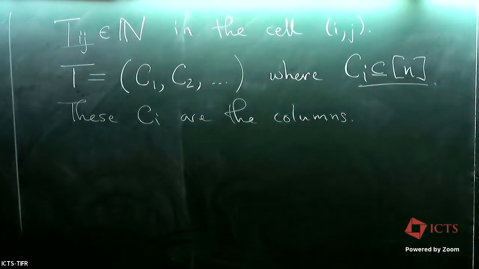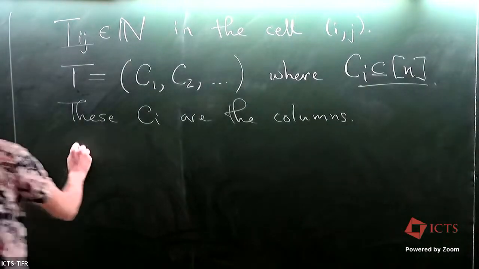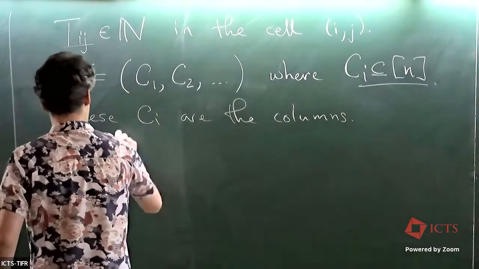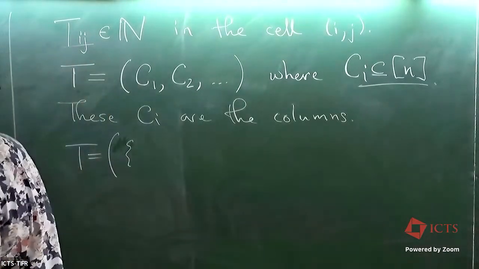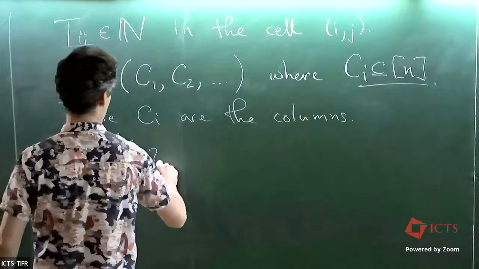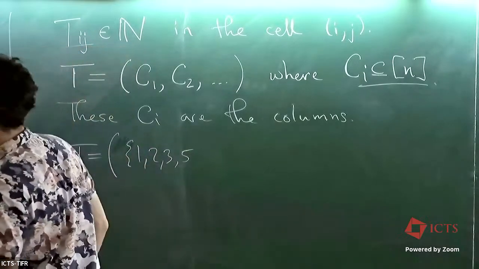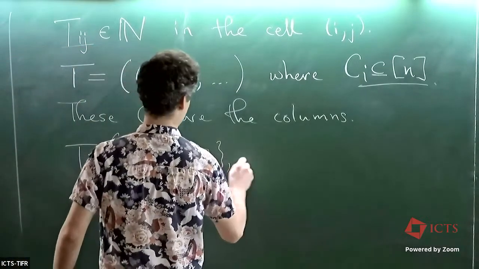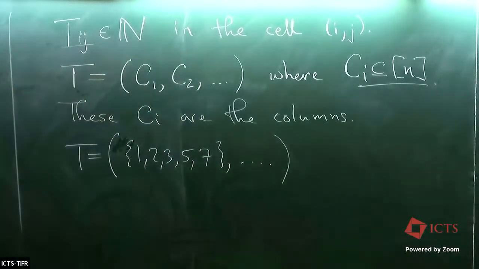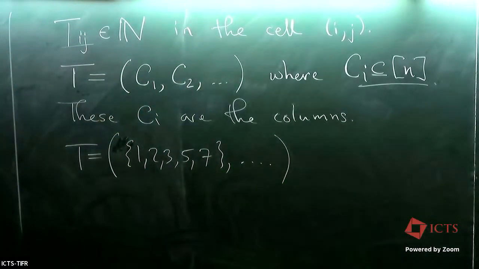So in this particular example, I'll just write a few terms, not all of them, of course. The first set would be 1, 2, 3, 5, 7, and then you can fill in the rest. It has 5 columns that we can see.